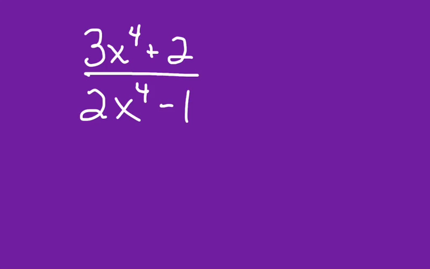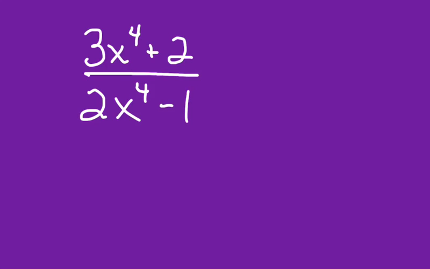So let me go back and take a look at what that simply means. Let me erase all this stuff. All right, so what that is saying is that if we have a tie, and I'm just going to put 3x to the 4th plus 2 over 2x to the 4th minus 1.